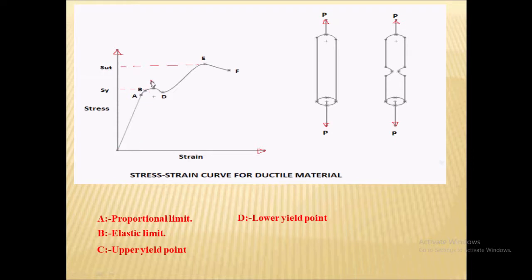From region C to D there is rapid yielding, which means there is a decrease in stress with increase in strain. So point D is considered to be of lower value, with low stress, in case of ductile material.